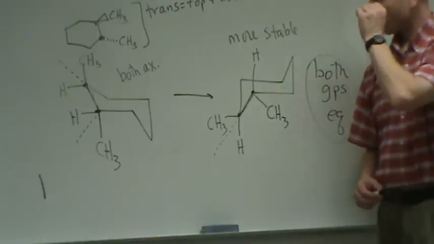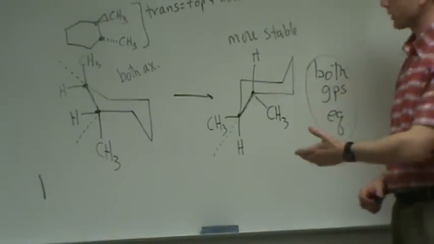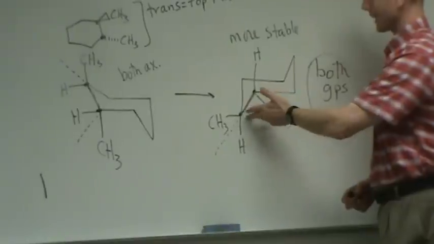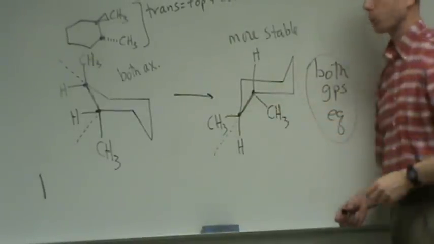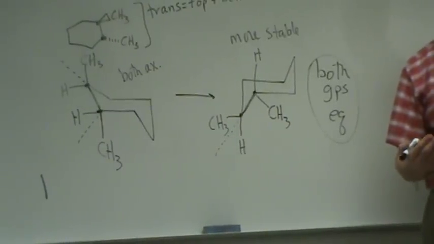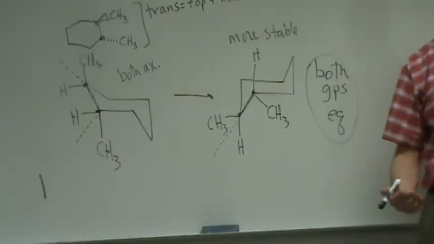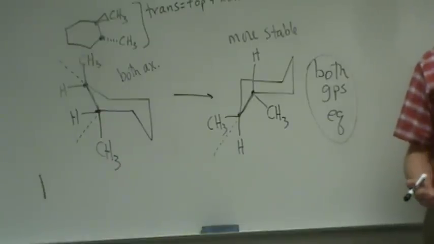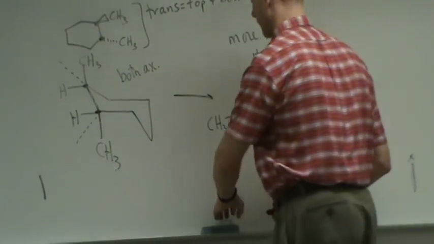All right, let's do another example. You might say, well, yeah, this is easy if I can get both groups to be equatorial. But what happens if one group is equatorial and the other group is axial? See that? Let's take a look at something like that.